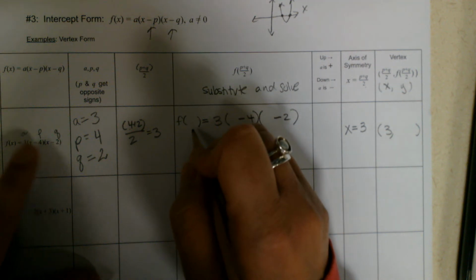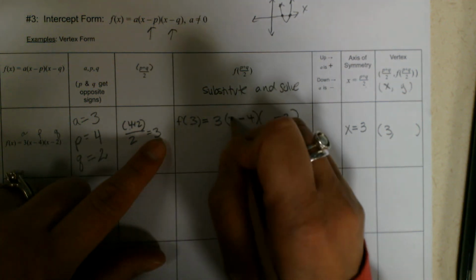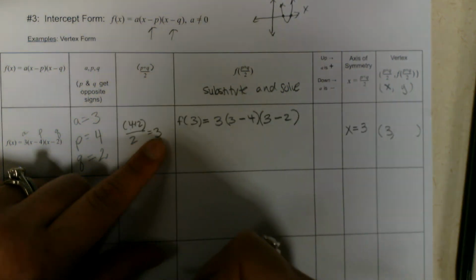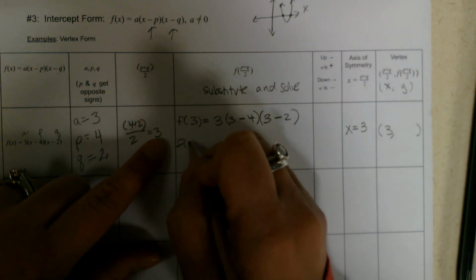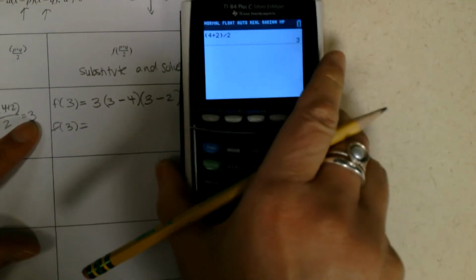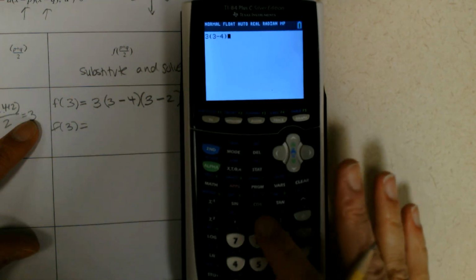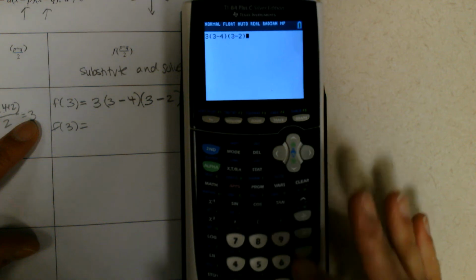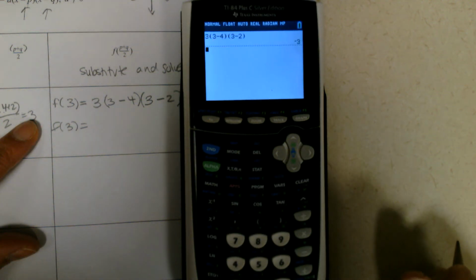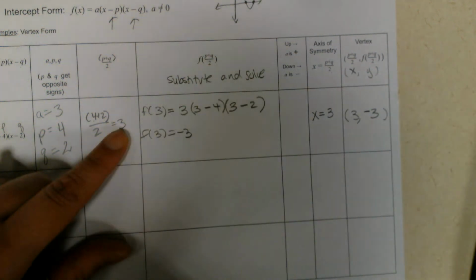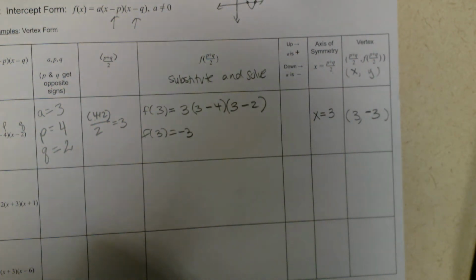So let's see what this looks like. I'm going to substitute 3 in, substitute 3, and substitute 3. You could put parentheses around that, absolutely fine. f of 3 equals, so in the calculator, just as you see it, you could do order of operations, absolutely fine. We get negative 3. Negative 3, and that is the vertex, the y value, which is negative 3.